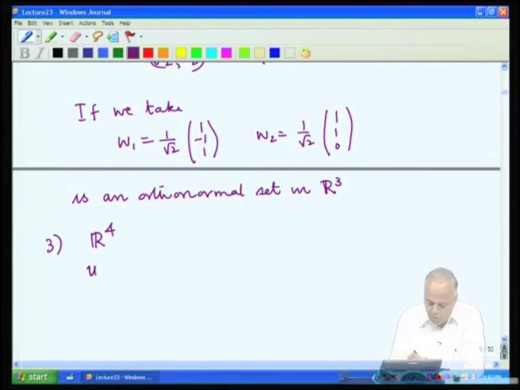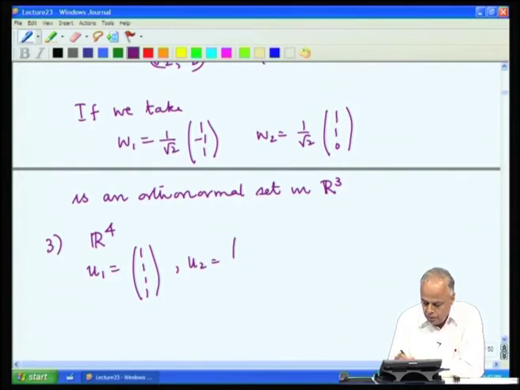Again in R 4, look at these vectors: u 1 = (1, 1, 1, 1), u 2 = (1, 1, -1, -1)... u 2 is (1, 1, -1, -1) and u 3 equal to (1, 0, -1, 0).